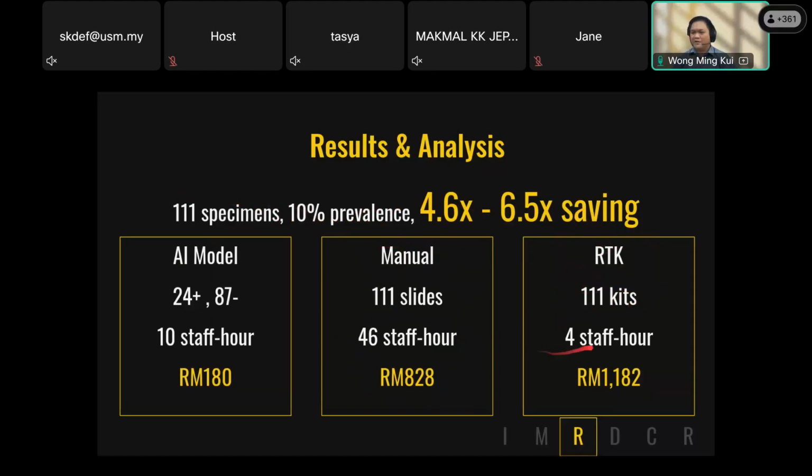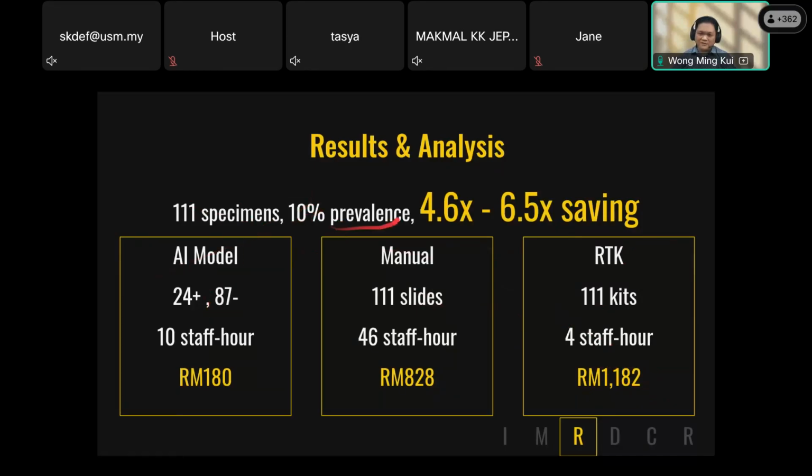It will still take about 4 staff hours to finish testing the specimens, without microscopy confirmation, only using RTK. In total it will cost you 1,182 ringgit.